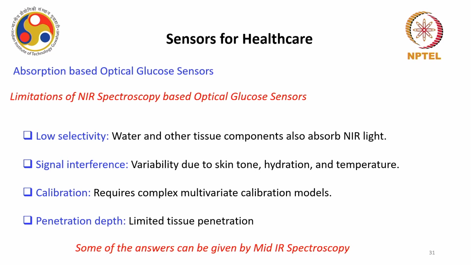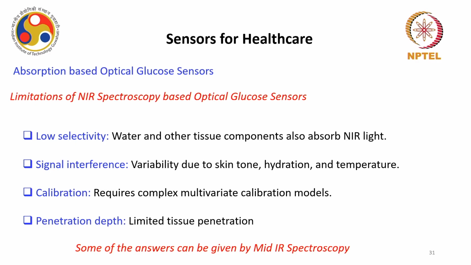You have various limitations also of the NIR spectroscopy. The biggest disadvantage of this kind of device is their low selectivity. So, water and other tissue components can also absorb NIR light, and anything which absorbs light in the near infrared is a threat for the selectivity of the NIR spectroscopy based optical glucose sensors.